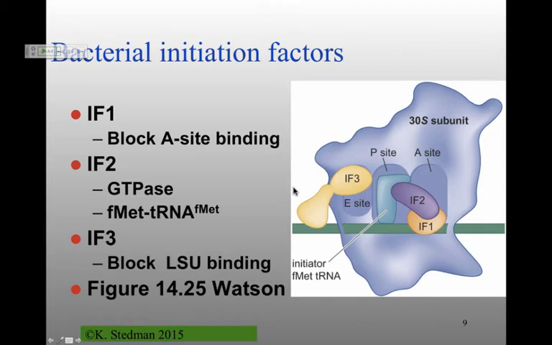Well, if you think about the small subunit of the ribosome binding to the messenger RNA, then you have to have binding of your initiator tRNA that happens to it. If you have the large subunit of the ribosome which binds to the small subunit before you have that initiator tRNA, you're going to have problems because it's right smack dab in the middle. There's no way the initiator tRNA can get in there.